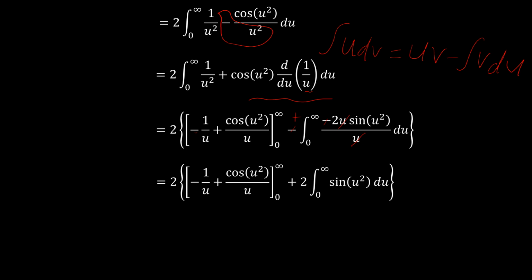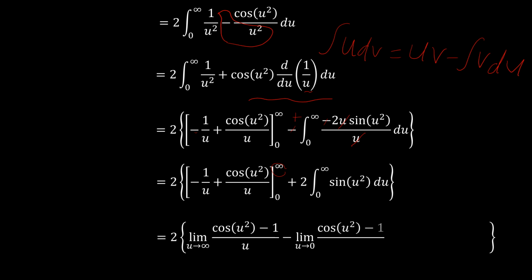Then we can bunch these together so that we have the limit on the upper side as u tends to infinity of (cosine u squared minus 1) over u, minus the limit as u tends to 0 of (cosine u squared minus 1) over u. Now with this, it's obvious because this oscillates between negative 1 and positive 1, and since u is a very big value, this part here would just tend to 0.